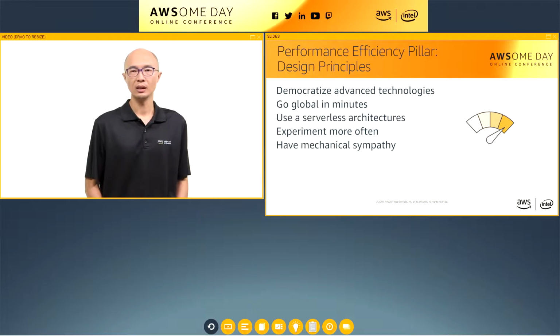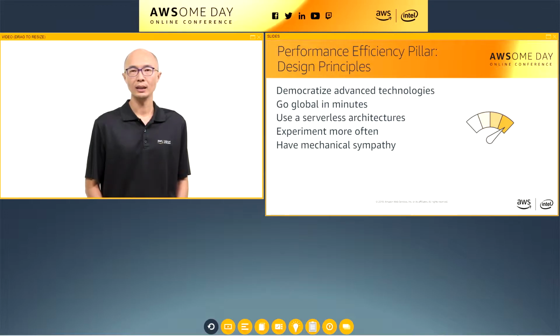Now let's look at the design principles that can help you achieve performance efficiency. First, democratize advanced technologies. Technologies that are difficult to implement can become simpler to consume by pushing that knowledge and complexity into the cloud vendor's domain.